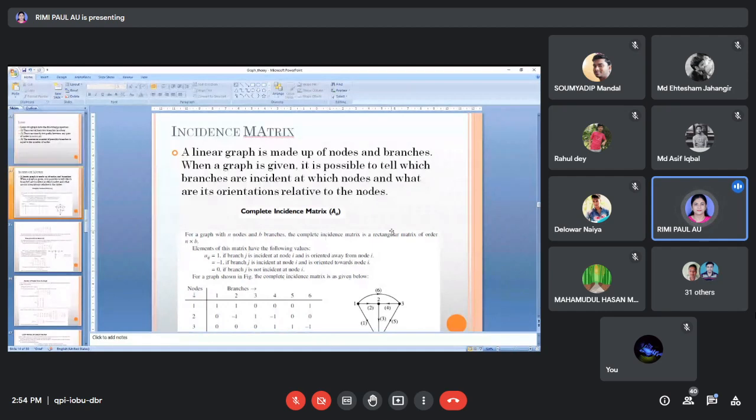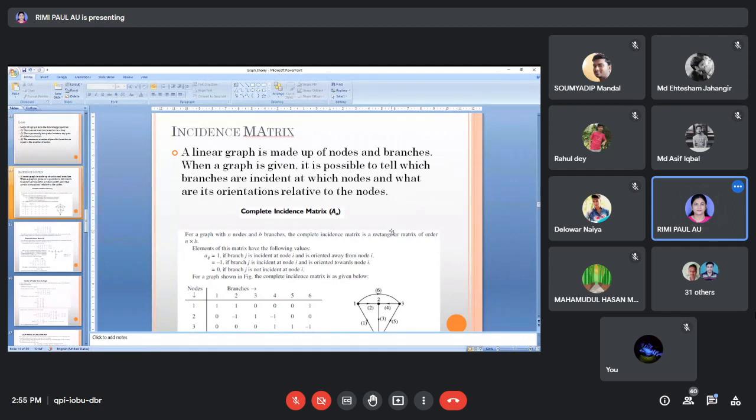Now, what is an incidence matrix? Incidence matrix is for any oriented graph. An oriented graph means the graph where you can get a direction of current. So any oriented graph can be described completely in a compact matrix format.